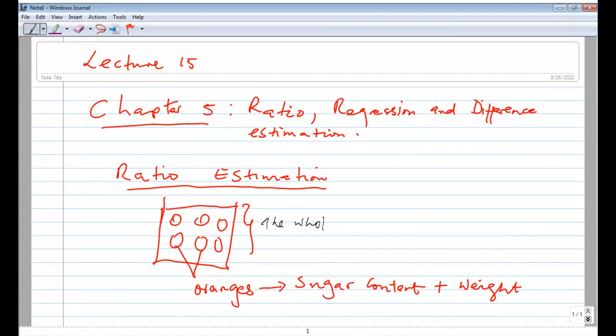The whole price of that box of oranges is based on the sugar content of the load. I think we agree on that.